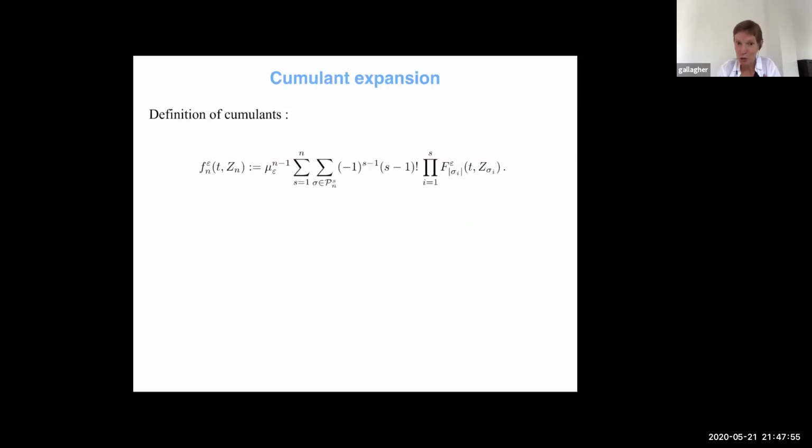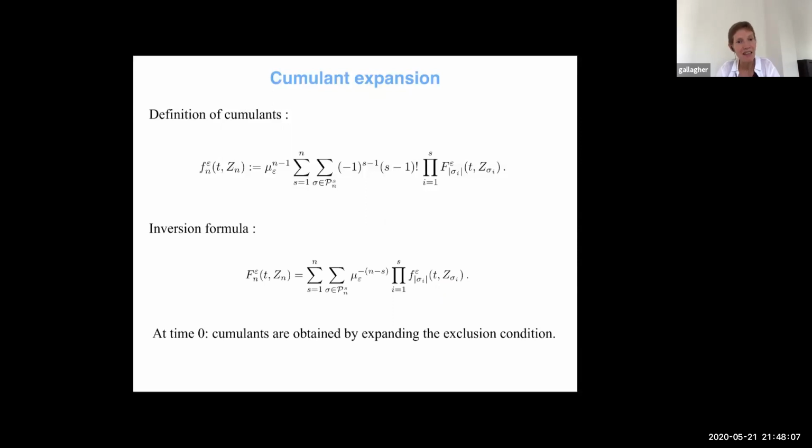What you can maybe remember is that you can invert this formula, and recover the n-particle correlation function if you know all cumulants. If you don't like this, you can try doing this at time 0 just by expanding the exclusion condition, right?